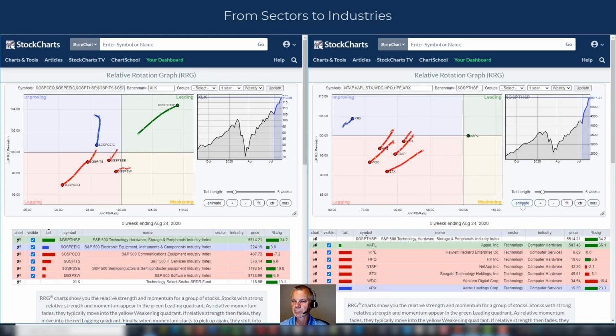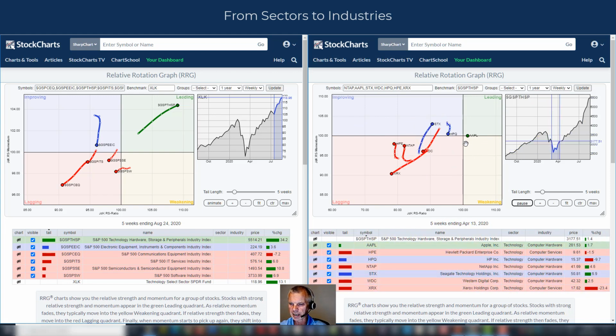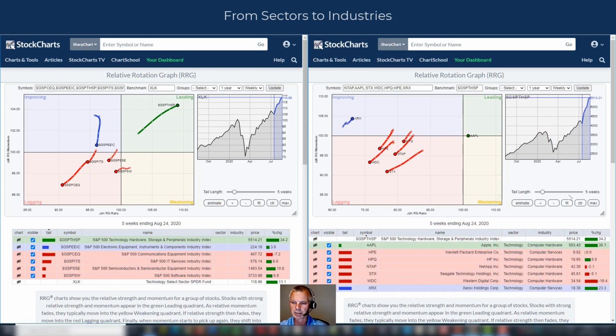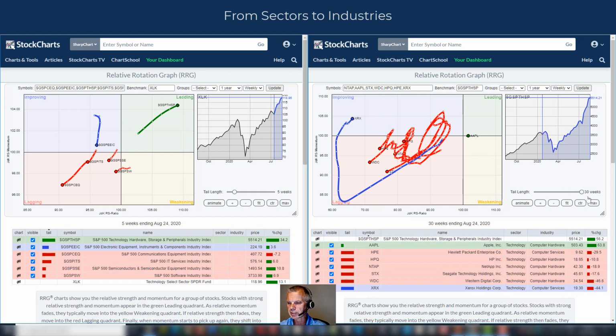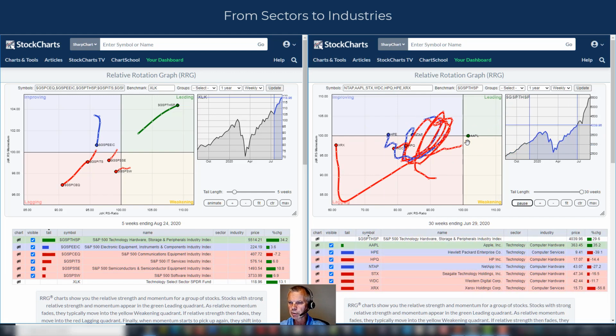Now look at the rotation here. There's this one single thing, Apple. This whole RRG has a 5-week tail. Let's make it a 30-week tail, just for fun. Look at how that animates. This is a 30-week tail on Apple. This is how strong that stock has been over the last few months, since mid-2019. It's just sitting there, doing its thing, outperforming the market, outperforming the group.